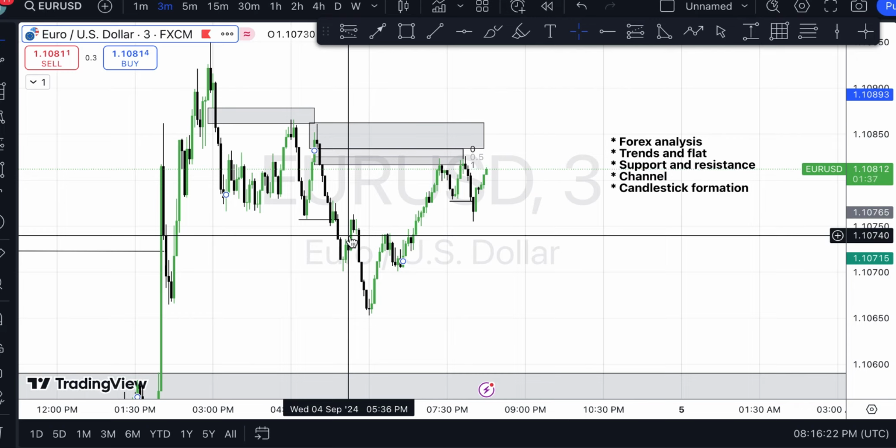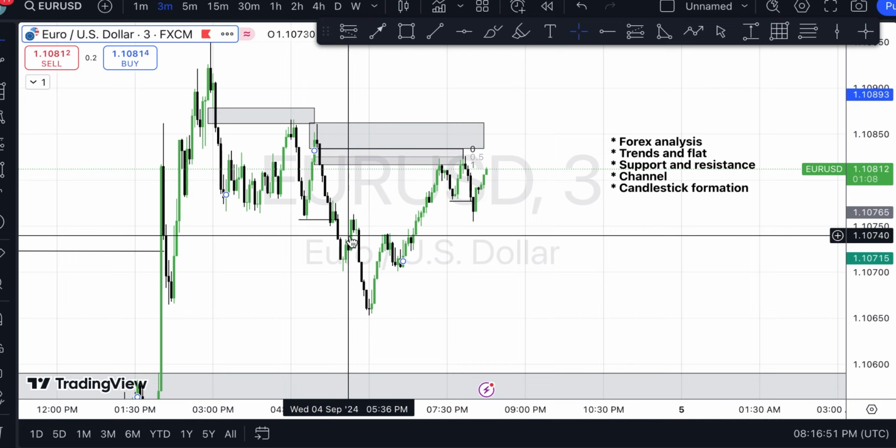So let's look at, like I said, the key components of technical analysis. Number one is price charts. So the candlestick chart, the line chart, and the bar chart display historical price data visually. While number two, we have the indicators.